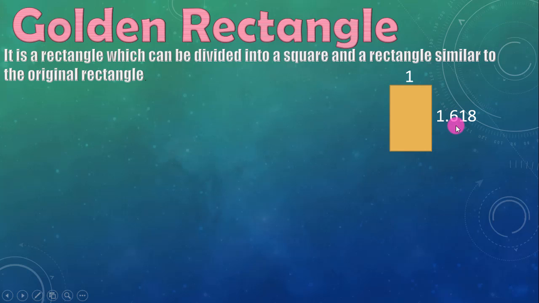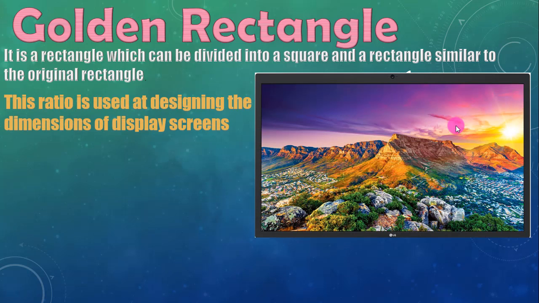Okay, we used this golden rectangle to form the display of the TV, or the display of the computer or laptop, or the mobiles, like this. The rectangle of the TV here is a golden rectangle.